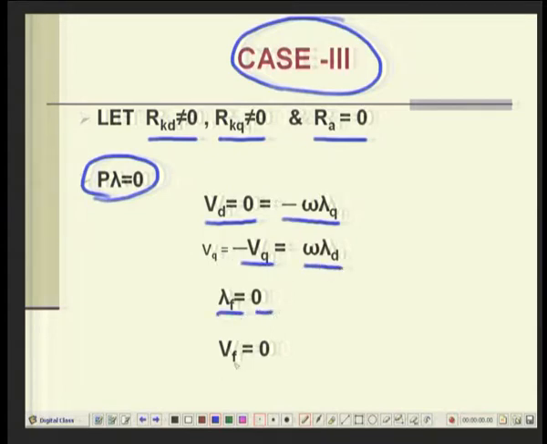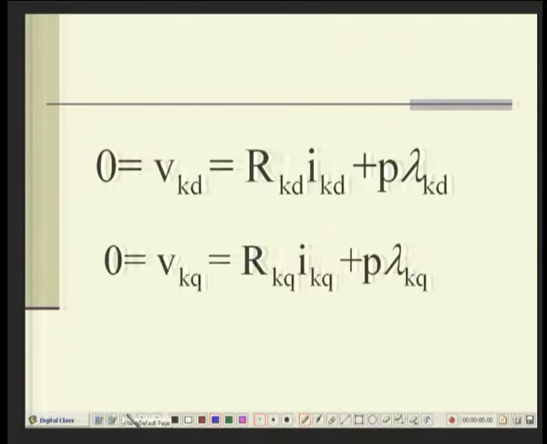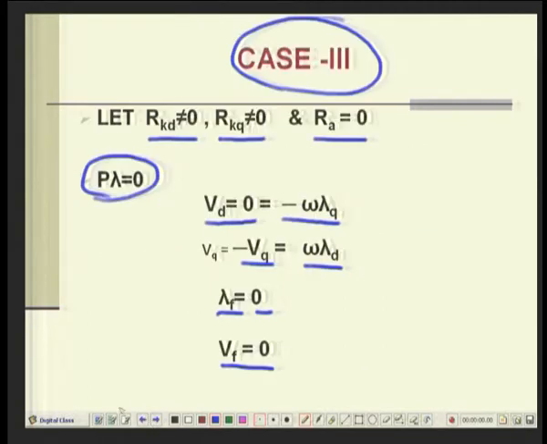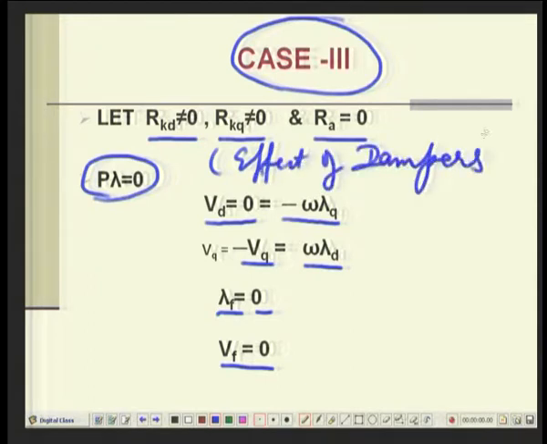Lambda f is 0, Vf is 0, but Vkd is RKD IKD plus P lambda Kd, and Vkq is RKQ IKQ plus P lambda Kq, because this whole exercise is to study the effect of dampers.